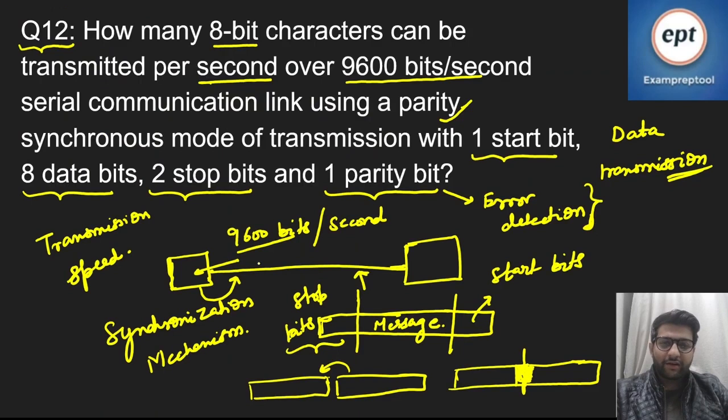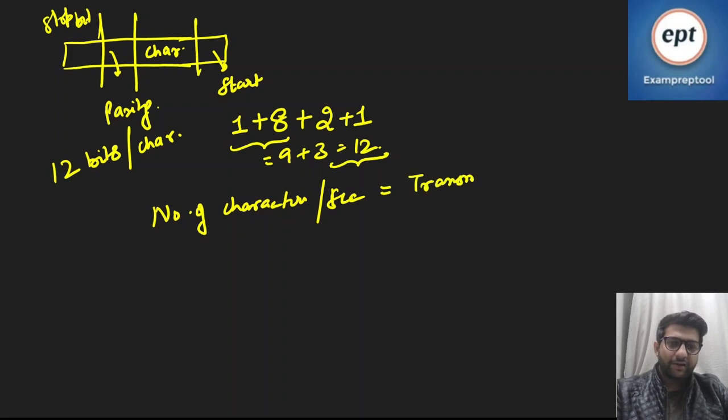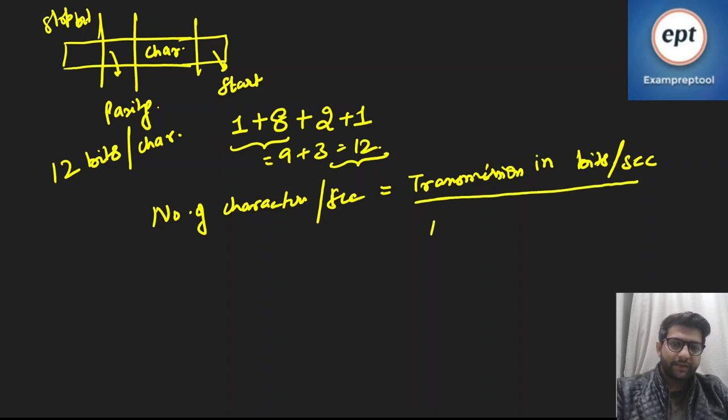Now the transmission speed given was 9600 bits per second. So the number of characters per second will be the transmission speed in bits per second divided by the number of bits per character.